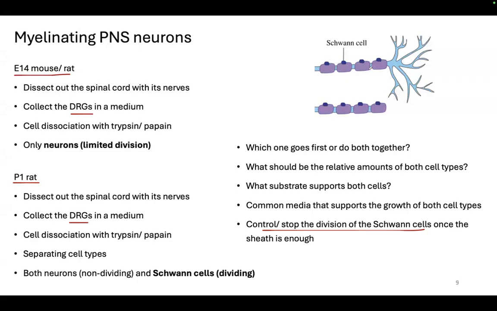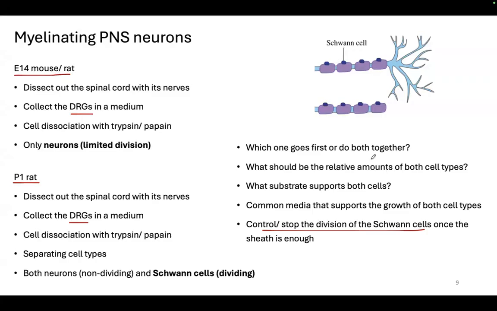Since you're using non-dividing neurons anyway, you can let them grow for some time and then add Schwann cells, or do it the other way, both of them together. In one case, as was discussed in the video, you can maybe put a layer of Schwann cells, allow them to grow, maybe stop the division, then add neurons.